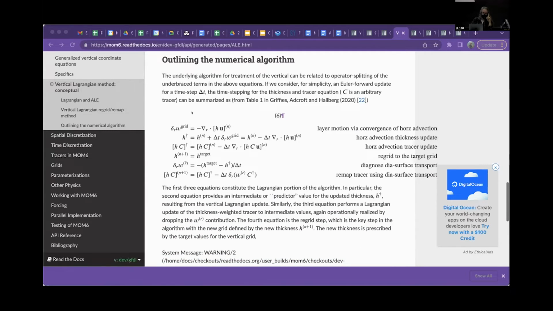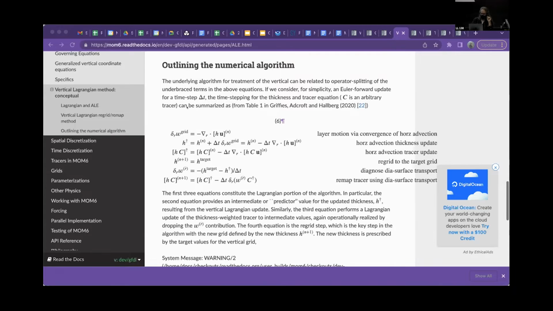So for those that have any numerical inclinations, here's a bit of a numerical algorithm piece. This is taken from just the thickness equation and a tracer concentration. Forget the velocity, just assume that's done. So here we get the essential 6 steps of the vertical Lagrangian regrid remap method, okay?